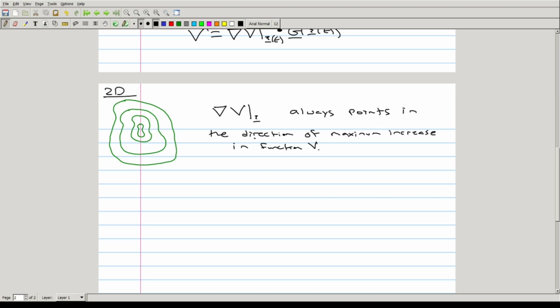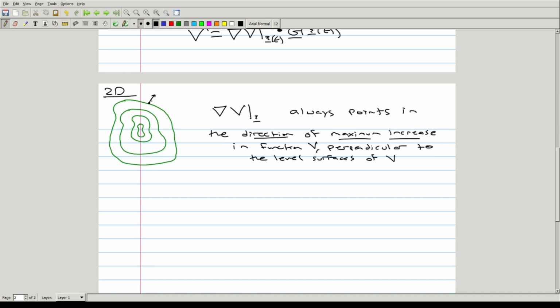And this means that we can actually prove that this is perpendicular to the level surfaces of the function v.